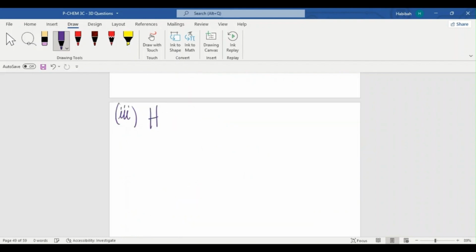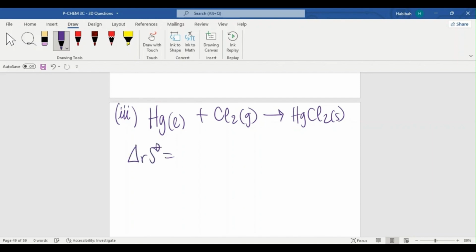So the third equation: Hg liquid plus Cl2 gas will give us HgCl2 solid. So the change in standard entropy of this is going to be what? It's going to be basically what we've been doing so far.